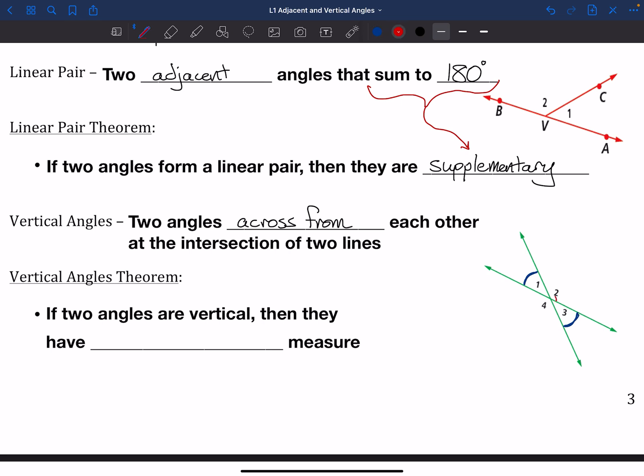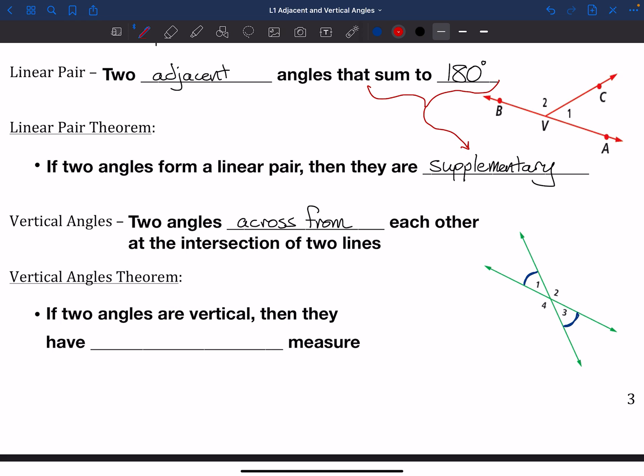If I'm looking at angles 2 and 4, those are also vertical from each other, right? So vertical is just across, right? If you want to think about it in a different way, right? If you look at 1 and 3 and you kind of tilt your head a little bit counterclockwise, they make two V's, right? There's one V for angle 1, a V for angle 3.